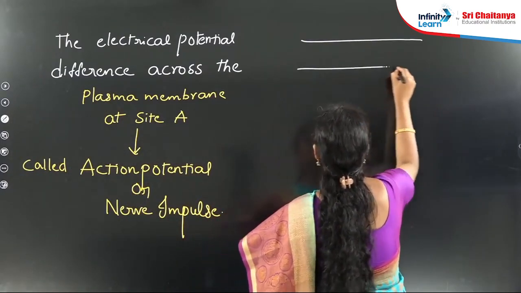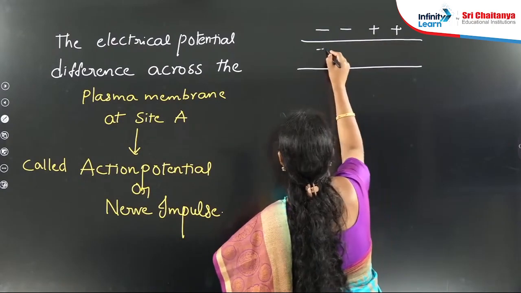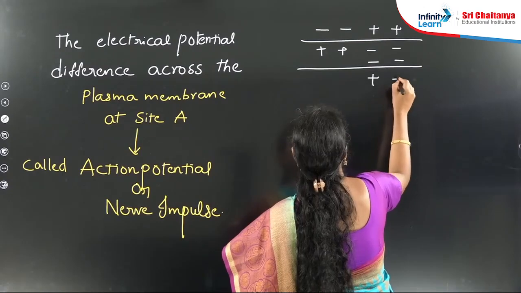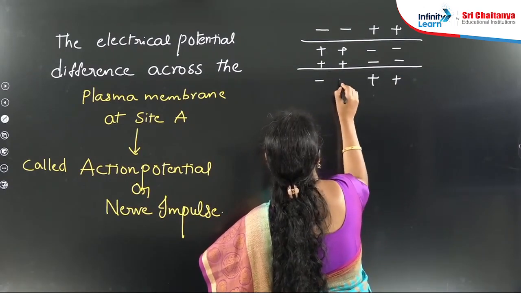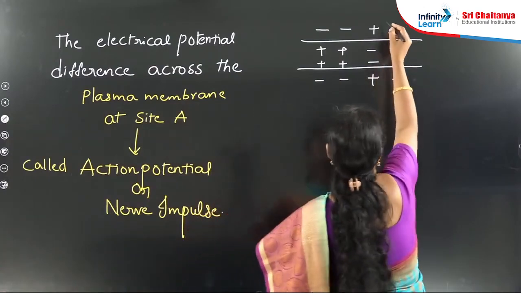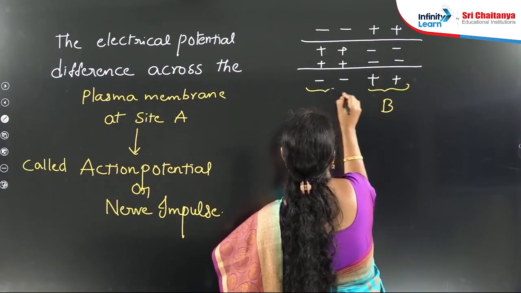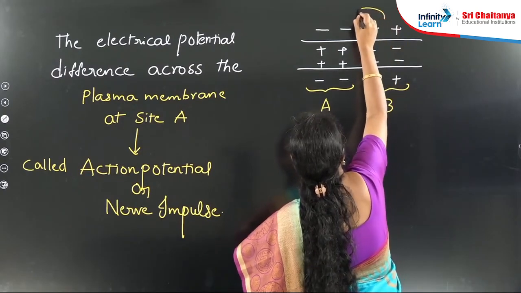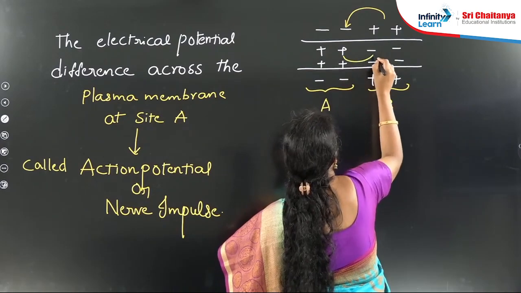So how does the conduction take place? The electricity will flow between B side and A side. Electricity always passes from positive to negative. Here also, positive to negative.